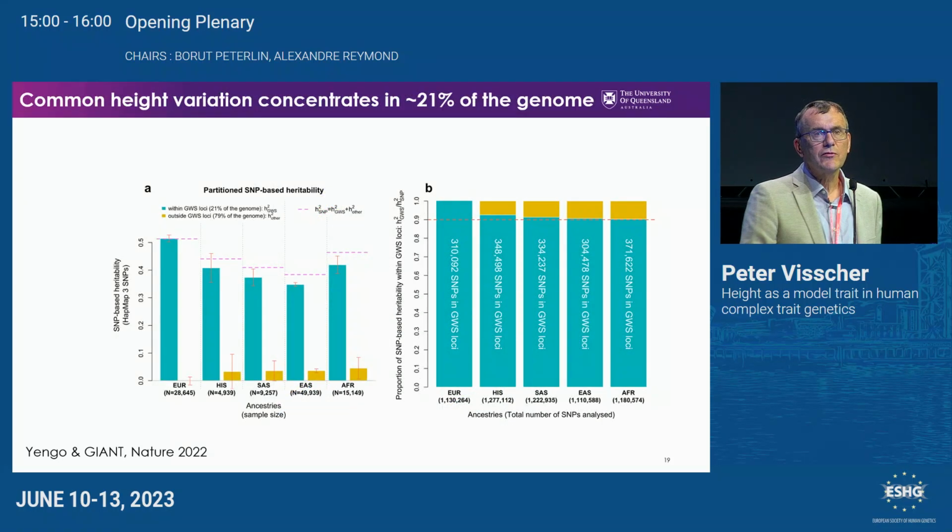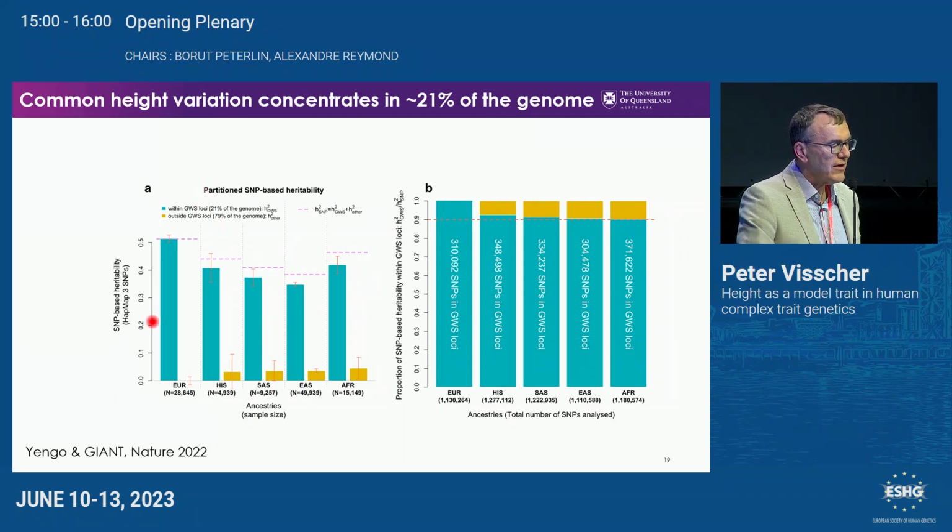We also wanted to address the question about variation that we hadn't picked up from this GWAS, even though our sample size was 5 million. So we partitioned all of the 1 million SNPs into the 12,000 genome-wide significant variants, plus or minus 35 kb, and the rest of the genome, and asked where the variation is.